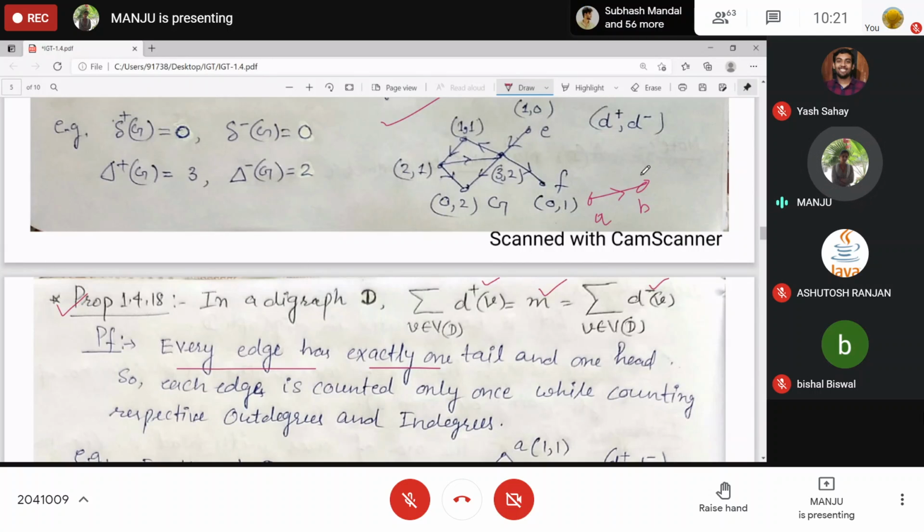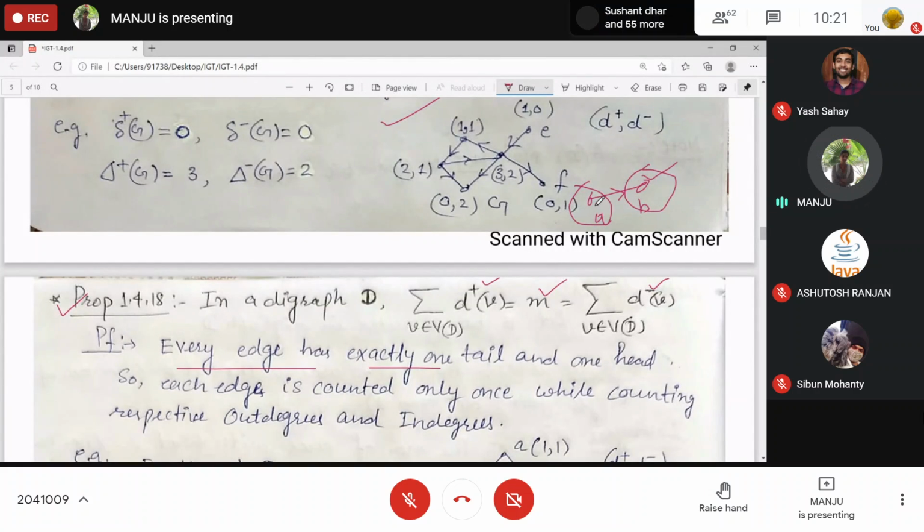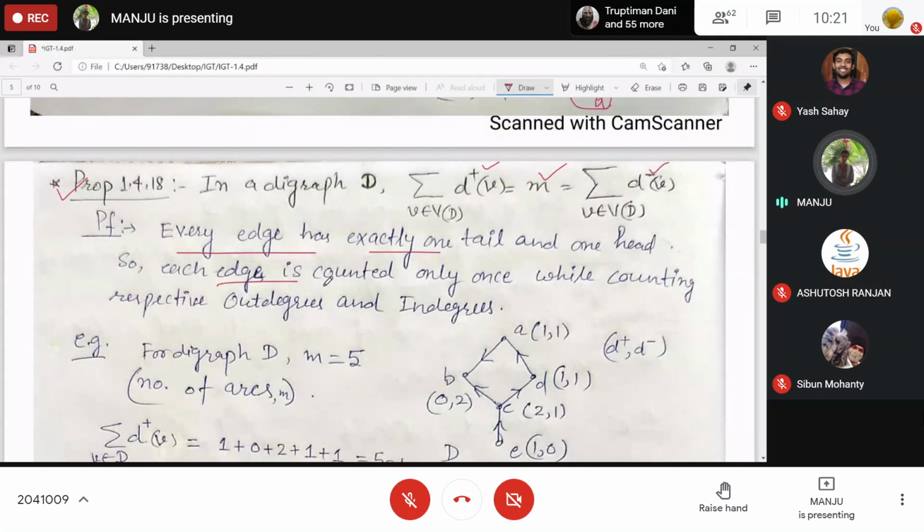If you are counting in out degree, then it is counted in this one, not in the case of A. And for in degree, if you are summing up as out degree, it is counting only once. Every edge is counted only once in case of out degree. We don't have both-way direction. Each edge is counted only once while counting the respective out degrees and in degrees.